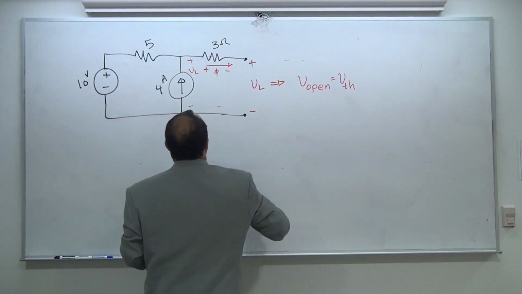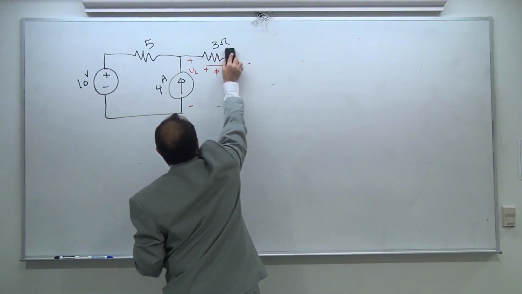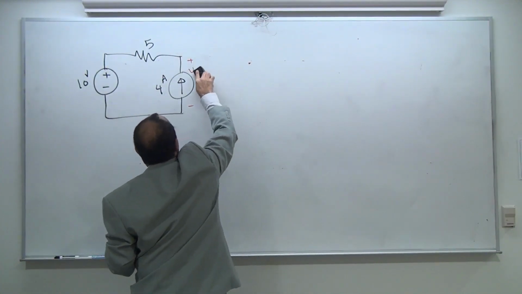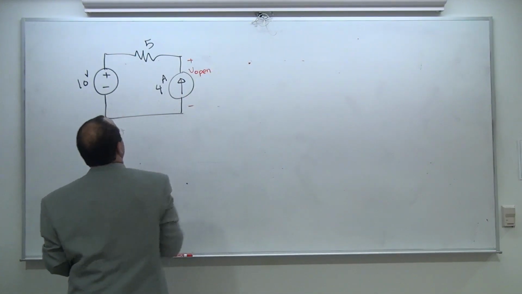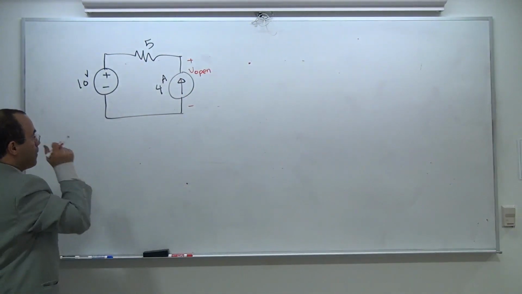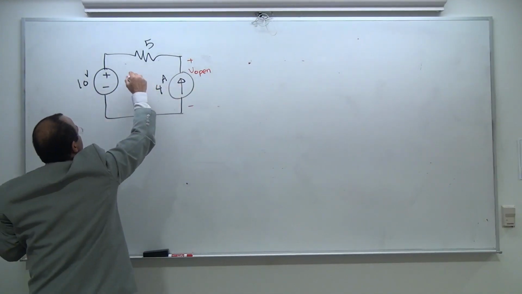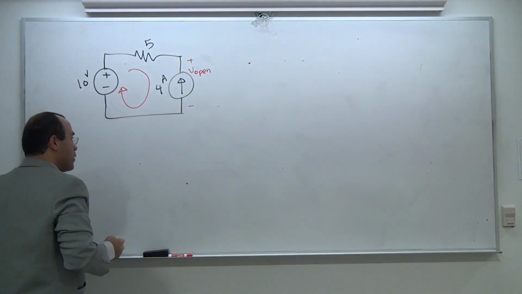Let's take a look at this one more time. I'm going to remove that for the sake of simplicity. There is no current that goes into the open load. I want to find V open. Because it's only one loop, you can go ahead and have some loop assignment.